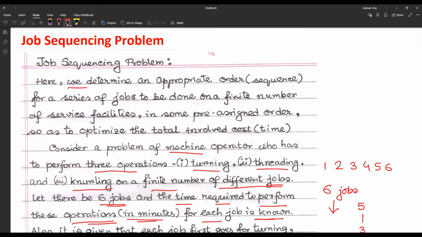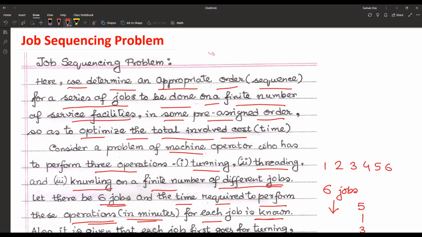Here we determine an appropriate order or sequence for a series of jobs to be done on a finite number of service facilities in some pre-assigned order, so as to optimize the total cost, and here time is connected with the term cost.